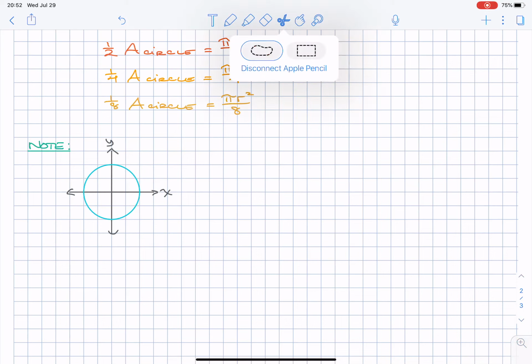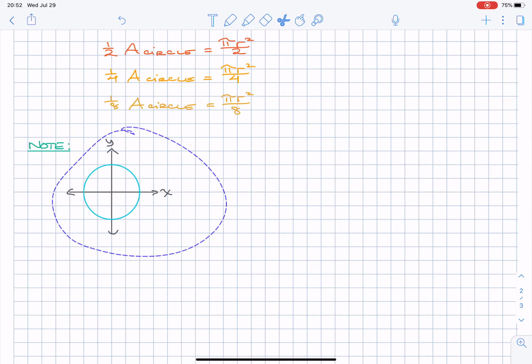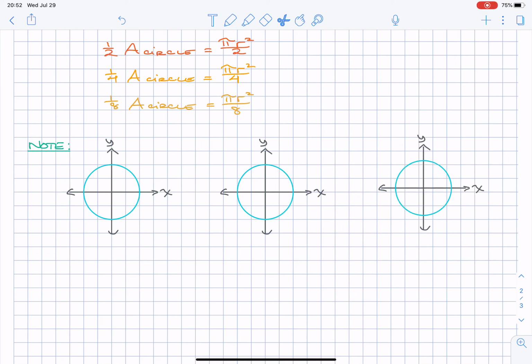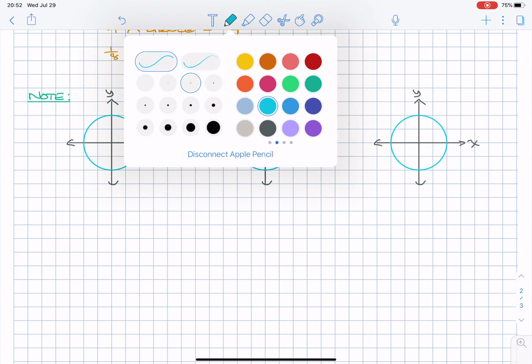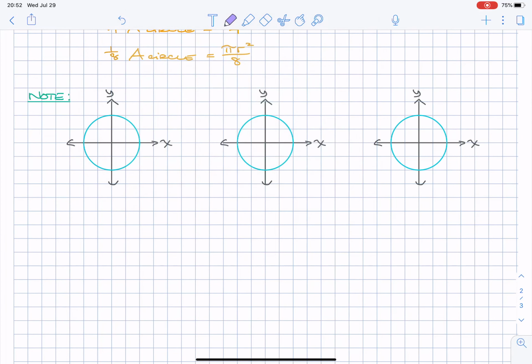Okay, so let's copy and paste this. Copy, paste. So 2. Copy, paste. 3. So 3 should be good. Okay. So if I look at the whole circle, meaning my angle here, so let's have theta for a whole circle, would be 2 pi, right?